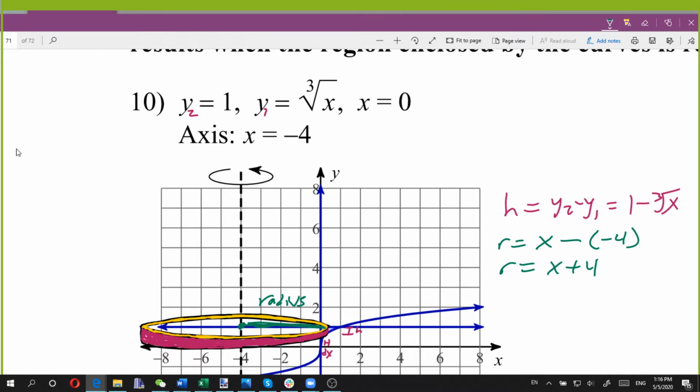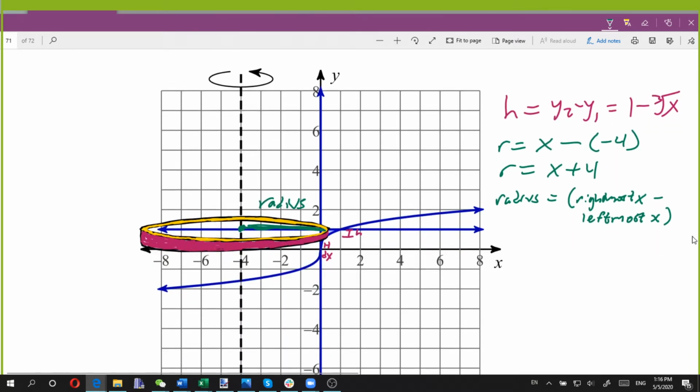In this case, our axis is on the left of the x value, so this is our x value minus the axis. So if you think of your height as a change in y, then your radius is a change in x between your axis of rotation and where you are right now. Okay, and the last thing we need is depth, which is our infinitely small dx and doesn't change.